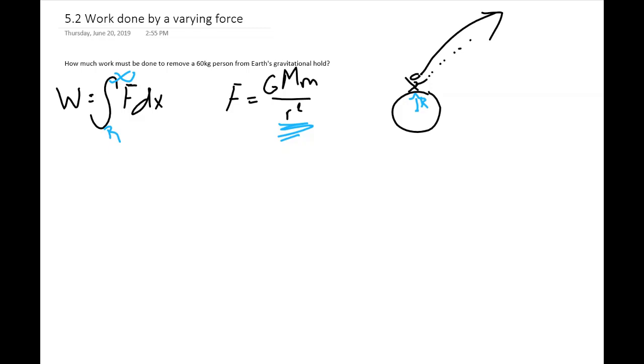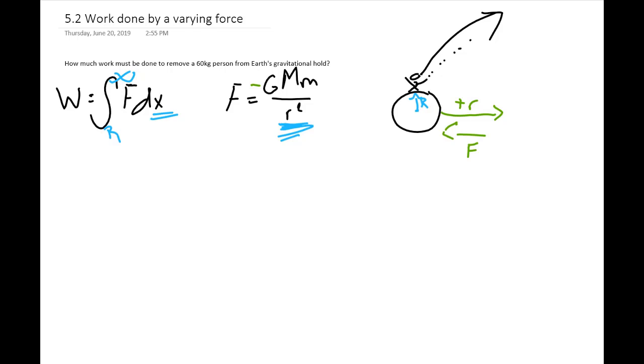The other thing we have to consider is our equation's always been in terms of x, and this equation is in terms of r. So really we're going to integrate with respect to r, but it's not that bad. One more thing. As we move in this direction, radially away, that's the positive direction. And Earth is pulling back with a gravitational force. So that means that the force is in the negative direction.